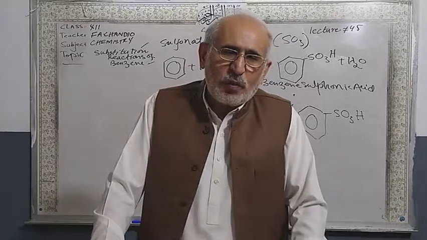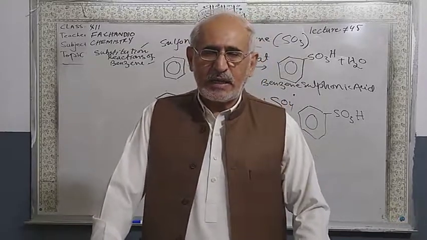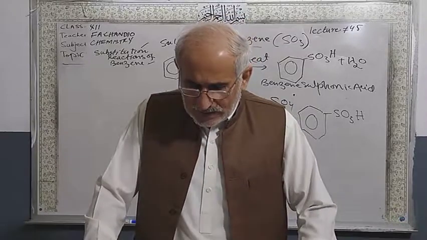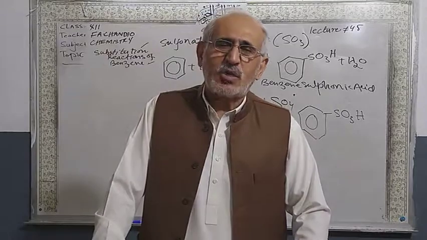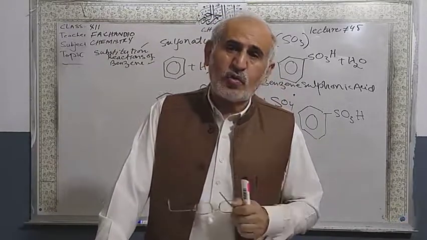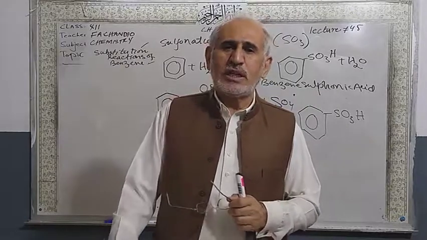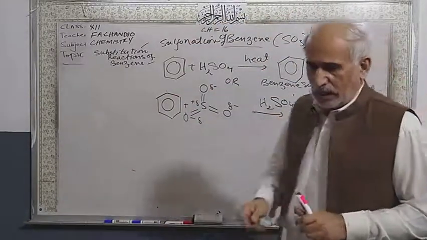Also we use fuming sulfuric acid, which has free sulfur trioxide present with the sulfuric acid. It is electron deficient and used as an electrophile, and also yields this product. So both chemical reactions are correct.